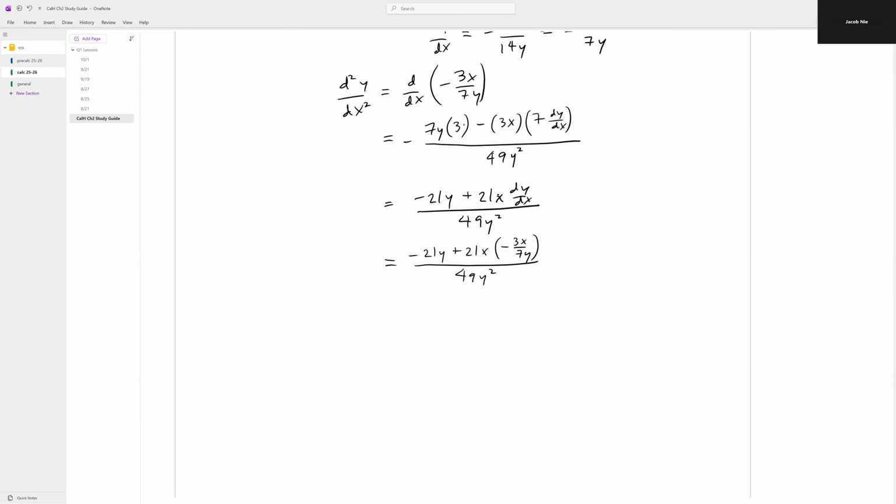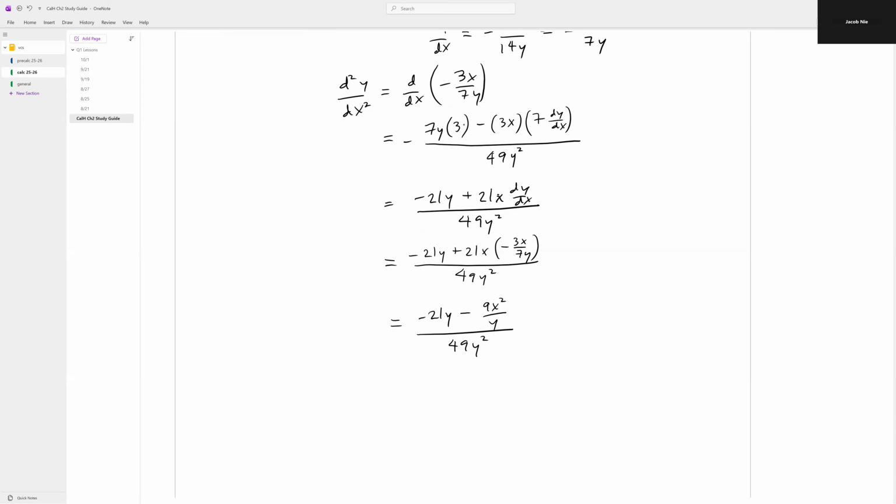And so after simplifying, that is negative 21y minus 9x squared over... I'm sorry, it's not 9x squared over 7. It's 9x squared over y. 9x squared over y.